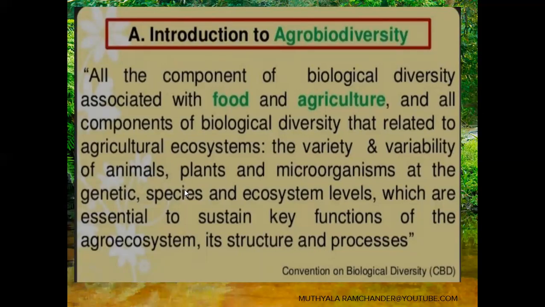Mainly, agrobiodiversity shows different types of variation in crops, different types of variations in agriculture. Agricultural biodiversity mainly focuses on animals, plants, and microorganisms at the genetic, species, and ecosystem levels.